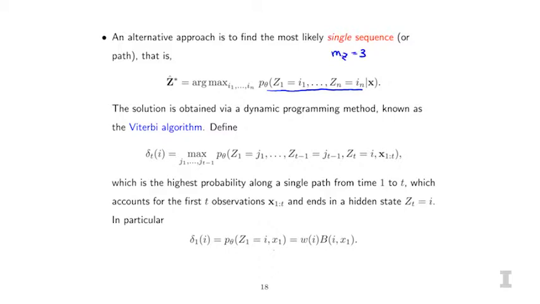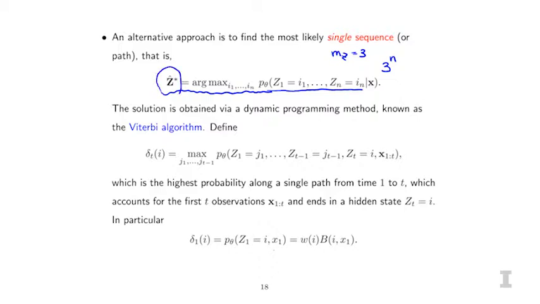Then for all possible sequences of length n, every position can take a value 1, 2, or 3, so there are 3 to the power n sequences. We want to pick, among the 3 to the power n sequences, the one with the highest probability, and that will be our most likely single sequence.